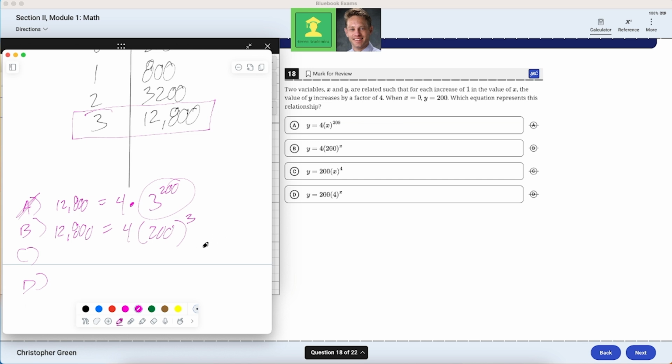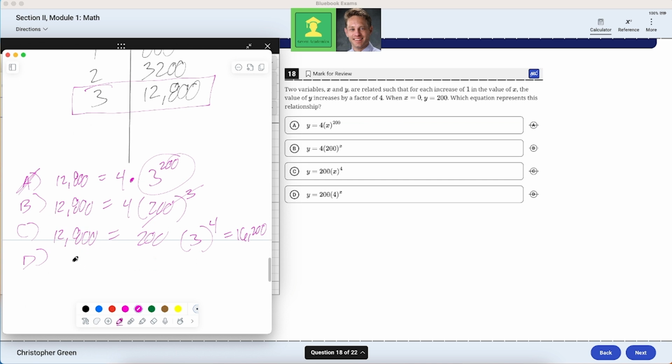Well, you could confirm on the calculator, but that's much, much larger of a number than what we're looking at for 12,800. Do you get it when you do 200 times 3 to the 4th? Well, 3 times 3 is 9, so 3 to the 4th is 81. Is it true that 200 times 81 is 12,800? No. Closer, but no, because this gives you 16,200.